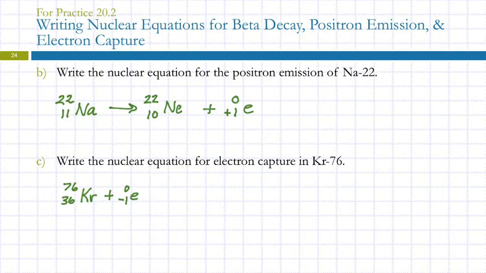That -1 is not its charge, but it happens to be the same as the charge, so we could remember it that way. There's no harm in that. So 76 plus 0 is 76, and 36 minus 1 is 35. So this turned into what, bromine? Yeah. Any questions?